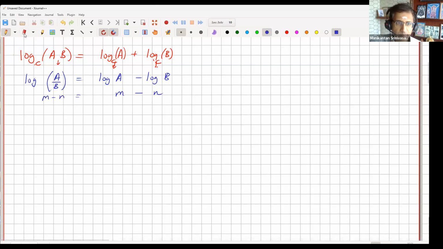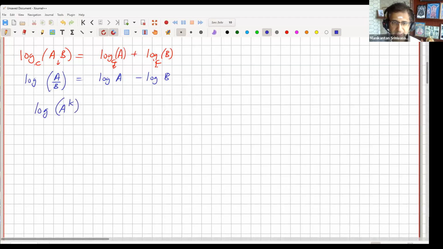Very similar. Okay. Now the third property is, suppose I have log of A power K. It's important to put the brackets, because if I write it without them, there's scope for confusion.